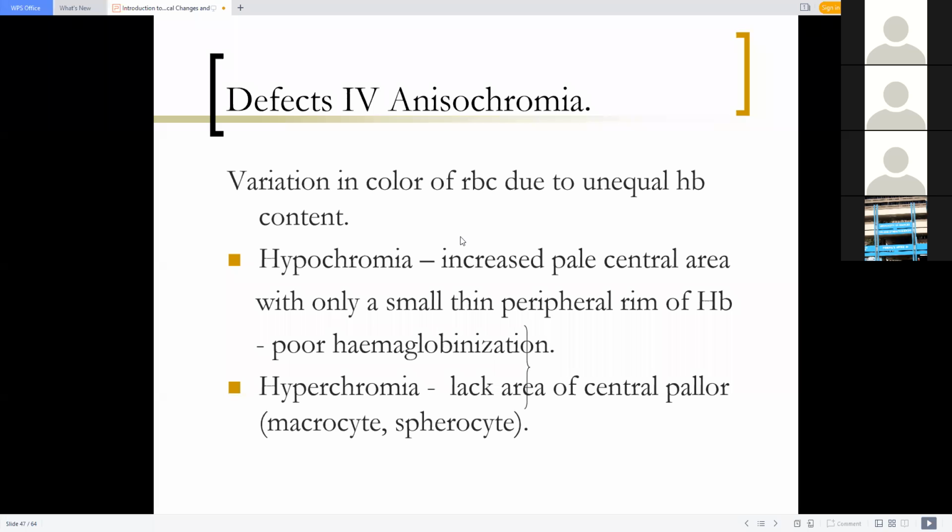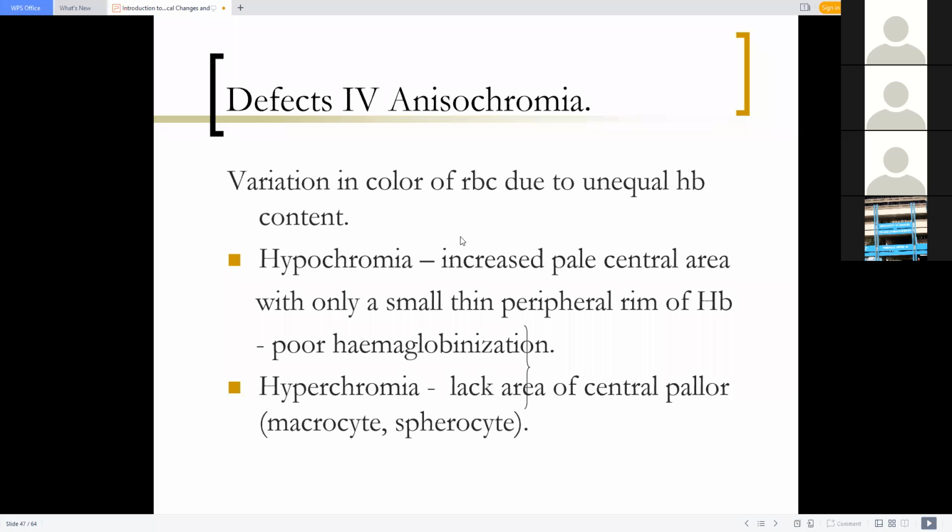We said it's either normocytic, microcytic, or macrocytic. All right. So we can also have variation in hemoglobinization, and this usually occurs as a variation in the color or intensity of the color that the red cells take when they are stained with the Romanowsky stains.